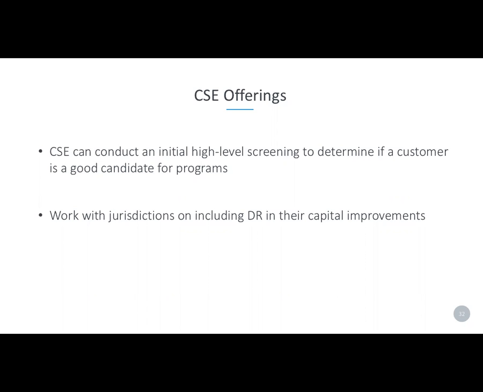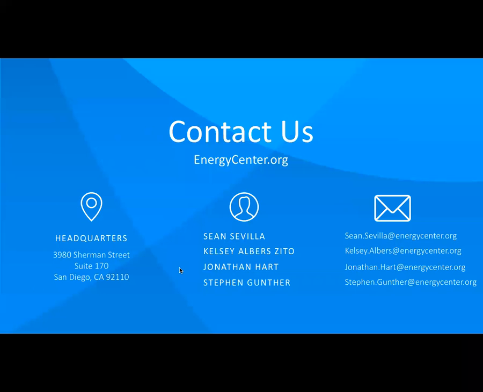So we can help mitigate this confusion and answer questions by conducting an initial high-level screening with your facilities to determine if the facility is a good candidate for a demand response program or a technology incentive, and by working with jurisdictions to include demand response in their capital improvements. If you're interested, we welcome you to contact one of our experts with any questions, or visit our website at energycenter.org to learn more about our mission, expertise, and other programs that we administer.